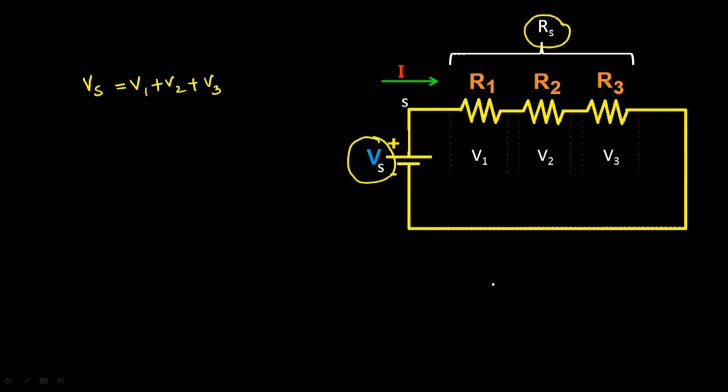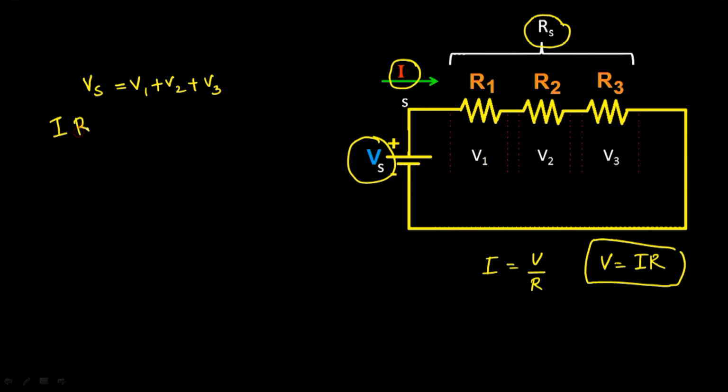From Ohm's law we have derived the relation I is equal to V by R, so we can write V is equal to I into R, and if we substitute V as I into R in this equation, we can see that there is only one current I in the circuit, so we can write I into Rs, where Rs is the total resistance of the circuit, which is equal to I into R1 plus I into R2 plus I into R3.